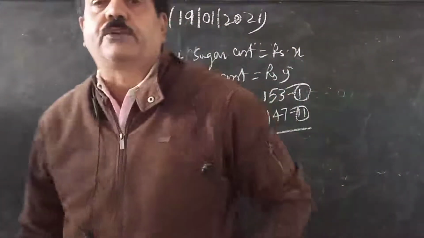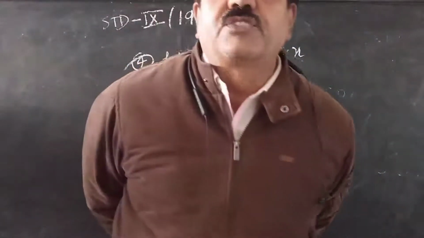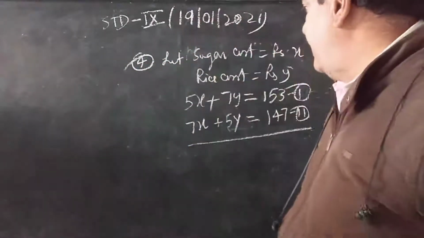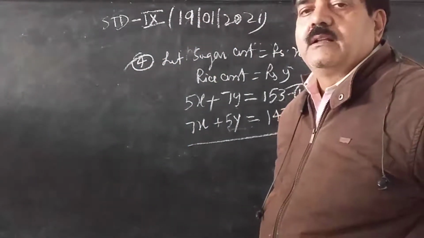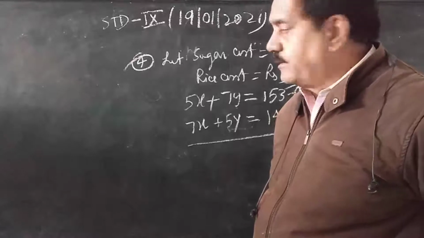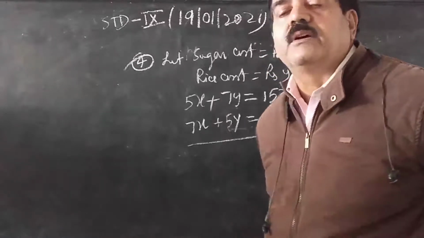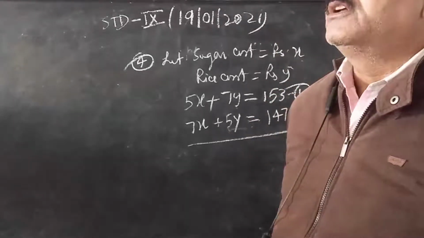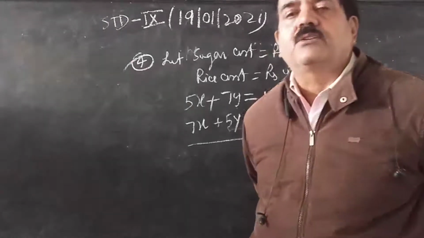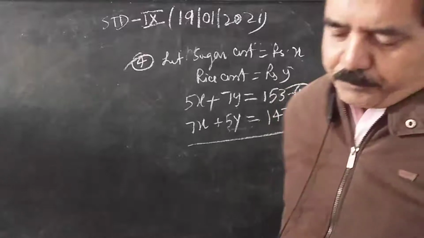Solve from these two equations, first and second, x and y. Then you will get the cost of sugar and cost of rice. x is the cost of sugar and y is the cost of rice. Then you have to find 6 kg sugar means 6x plus 10y.